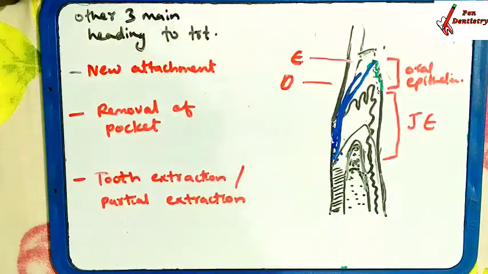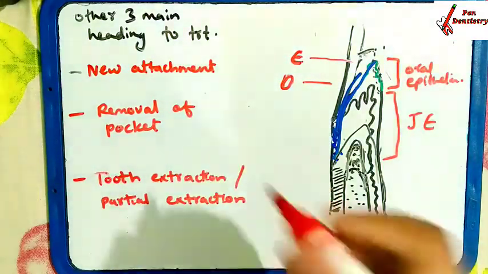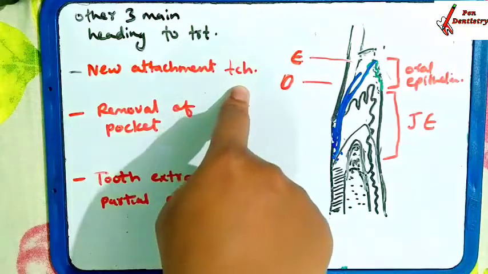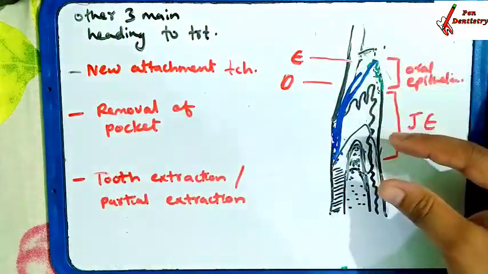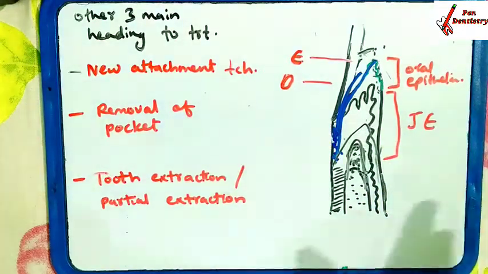The other three main headings of the treatment are new attachment. First, new attachment techniques. Here you are going to change the gingival position. You are going to reunite the tooth position coronal to the base.